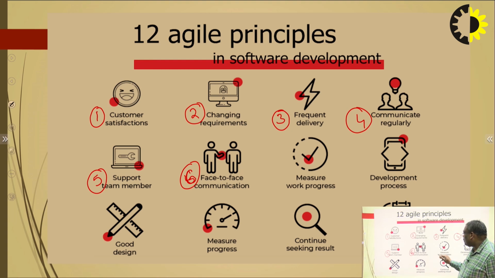Measuring the work process. That means we have a number of processes such as CPM, PERT, Gantt chart. So with a number of these management processes, we can measure our process. And the development process has 8 principles.